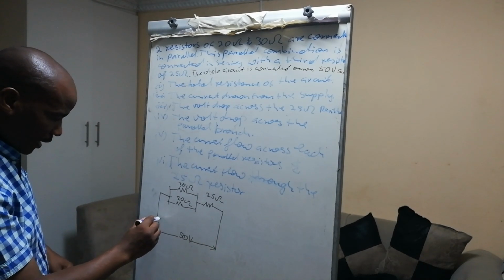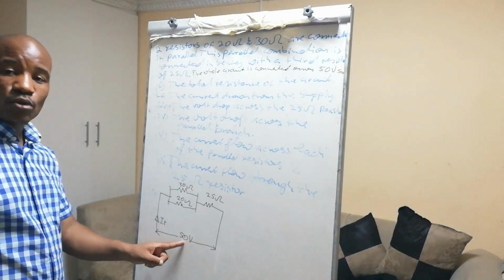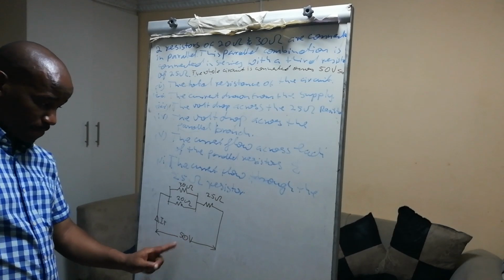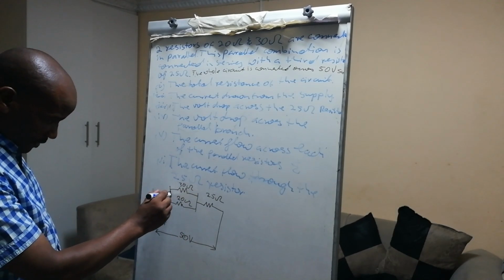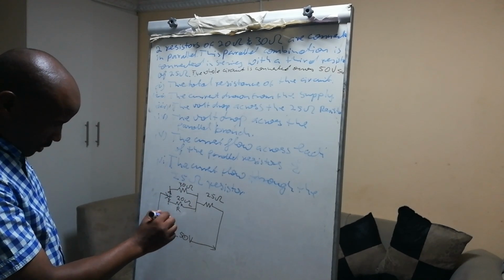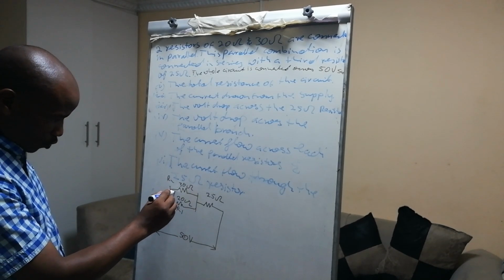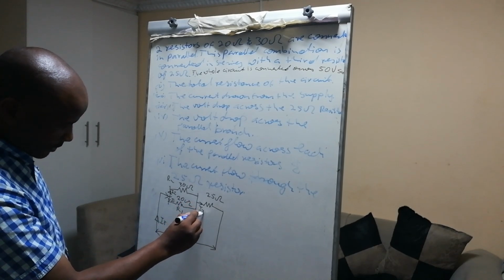This is the total current. The total current will always be supplied by this pressure, actually the voltage. And then here, this total current will divide. Say this is R1, this is R2, meaning this is I2, this is I1, and then this is I3.